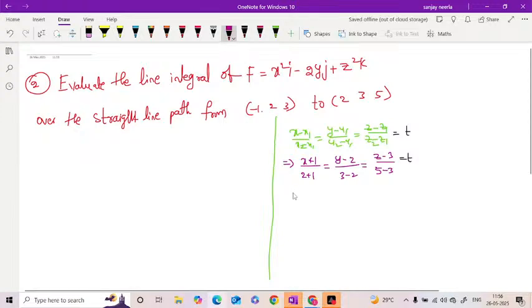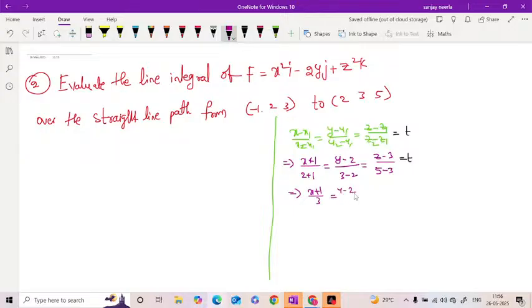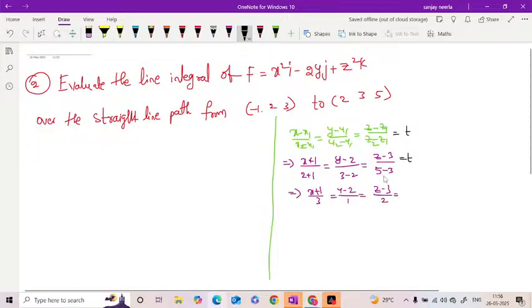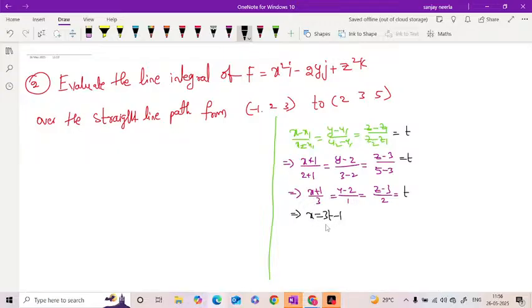Then what do we get here? Now (x + 1)/3 and (y - 2)/1 and (z - 3)/2 is equal to t. After separating, what is our x value? x is equal to 3t minus 1.